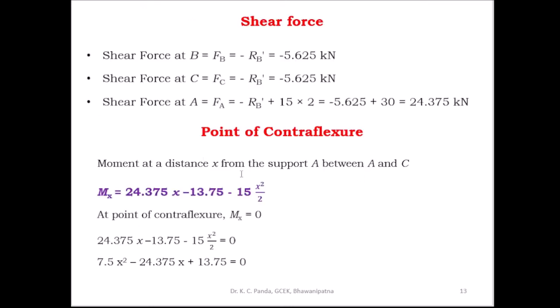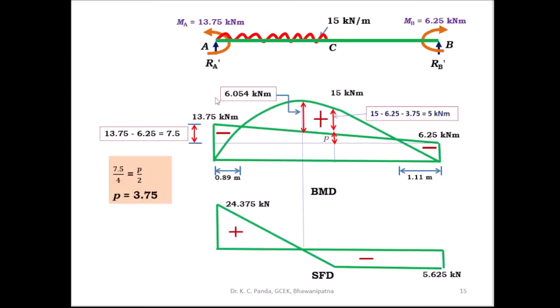This is the moment at a distance x from the support A, between A and C, equal to this one. This is the moment Mx is equal to 24.375 x, this reaction into x, and this is clockwise positive, and this moment anti-clockwise negative, minus 13.75, and due to this UDL also anti-clockwise negative, 15 into x by 2.